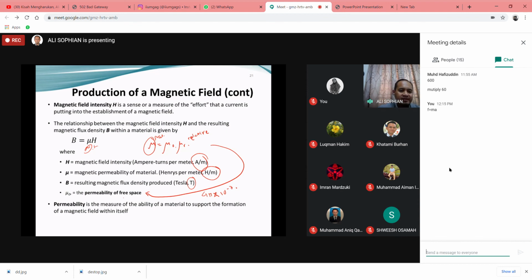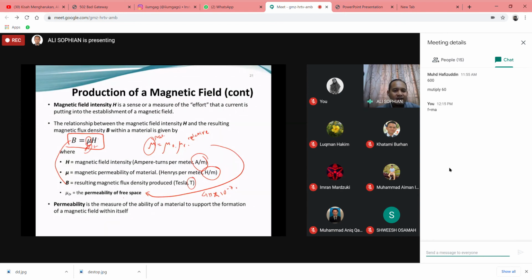If you look at the equation B equals mu H, if you want to generate high B, you need either high H or high mu. This is the reason why in electrical machines you use ferrite material for the core, because ferrite has very high mu.